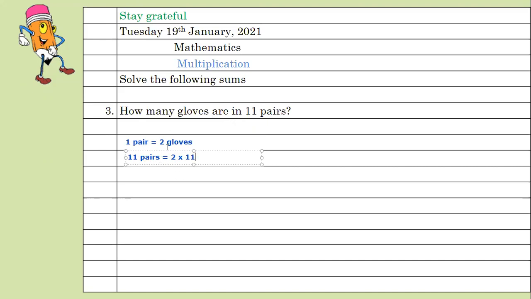So 1 pair equals 2 gloves. 11 pairs will equal 2 times 11, which is 22. And 22 what? Well, we can always go back and see they asked how many gloves. So our answer is 22 gloves. Okay. And that's it. You have your 3 lines. Let's look at the next one.